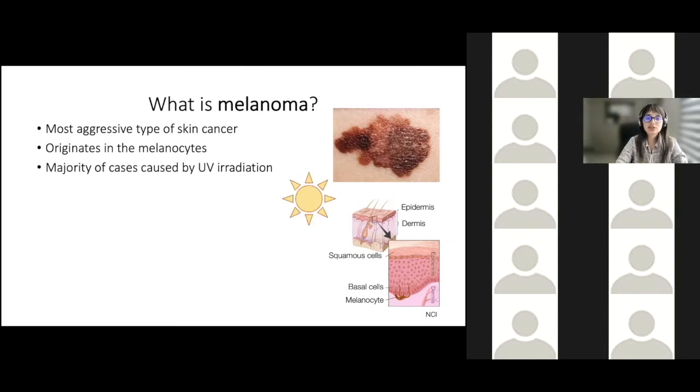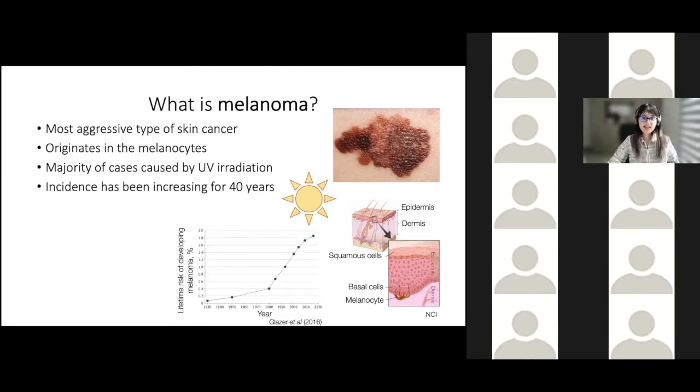Now, the majority of cases of melanoma are caused by excess UV radiation. If we get a lot of sunlight or UV radiation from things like sunbeds, then the melanin is not enough to absorb it, and the genome can be damaged. This can lead to changes in cells and therefore to cancer.